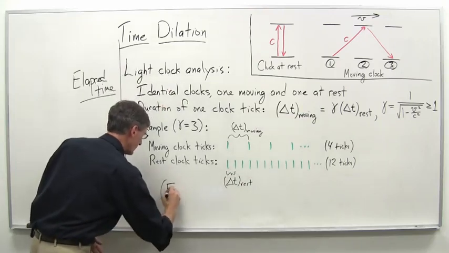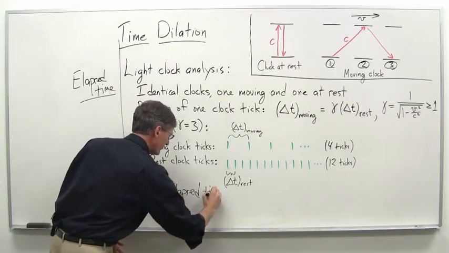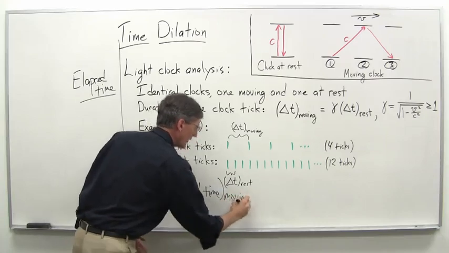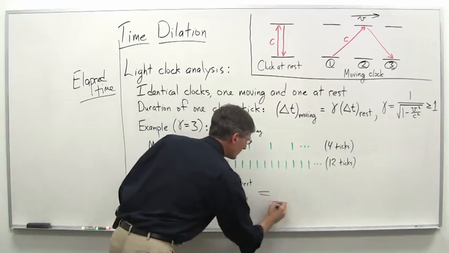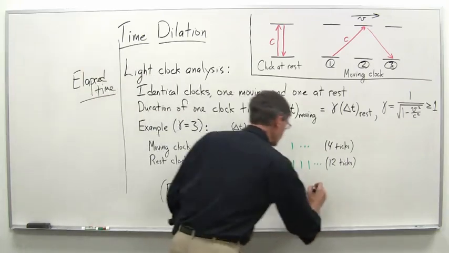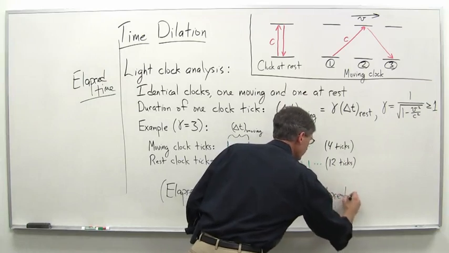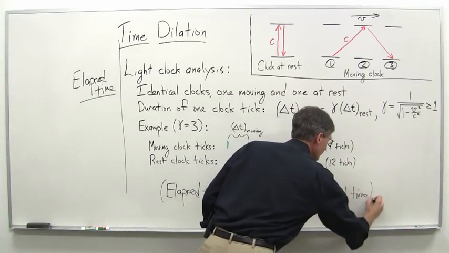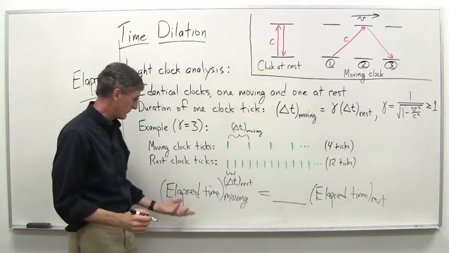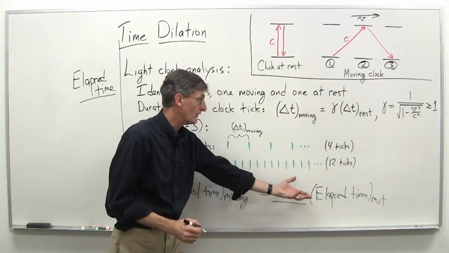So we'll just call it elapsed time moving clock is going to equal something. We're going to leave that blank for now. We're going to fill that in a minute. Times the elapsed time of the rest clock. Okay, so it's the same form as this, except we spelled it out. Elapsed time here equals something times the elapsed time of the rest clock.